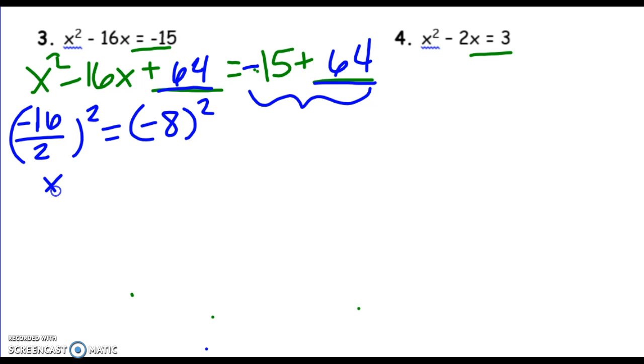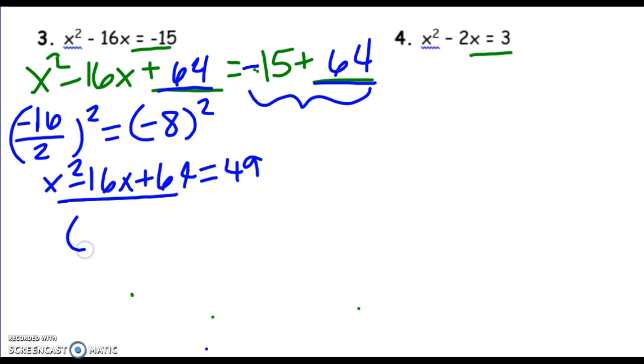My new equation is x squared minus 16x plus 64 is now equal to 49. I can break this down into x minus 8, since that 16 is negative. So it would be x minus 8 quantity squared equals 49.